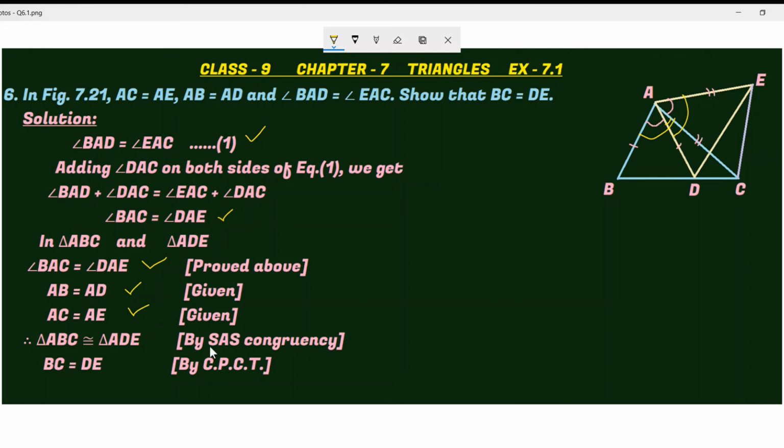So according to the SAS congruency rule, I can say these two triangles are congruent to each other. If these two triangles are congruent, BC and DE are corresponding parts of congruent triangles, so these two are also equal to each other. That's it. I hope you have understood this. Thank you.